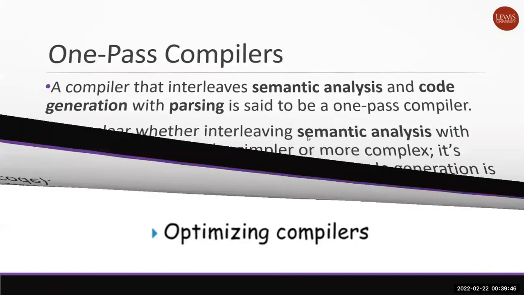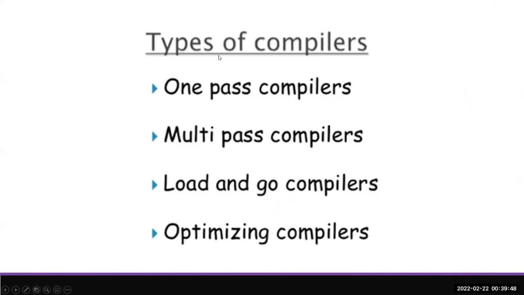Then it may speed up. So there are several kinds of compiler: one-pass compiler, multiple-pass compiler, load-and-go compiler, and so on. There are so many different compilers. So your evaluation may go one pass, two passes, many passes.